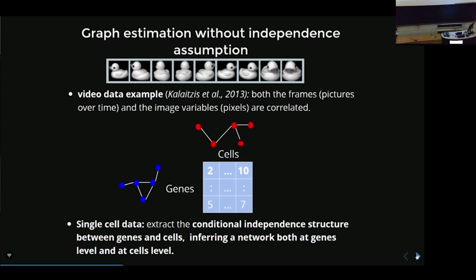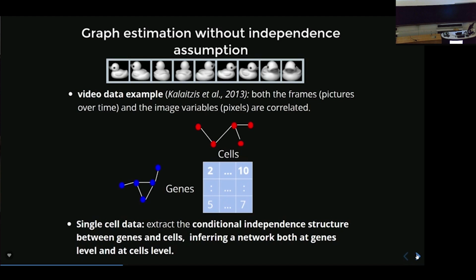So you should not have different networks, right? If you want to think of the network of pixels. But you can also estimate the dependency between the time frames, so that's another network. Or, I guess it's more intuitive in this audience, the cells and genes.